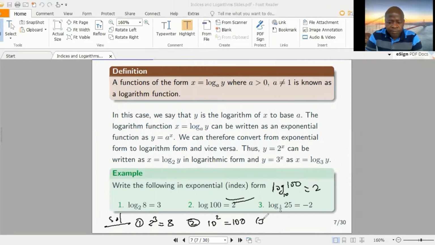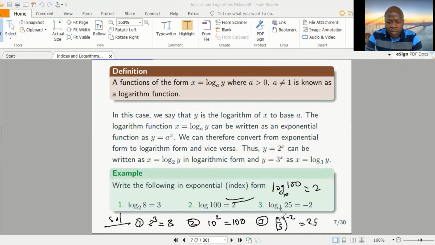Number 3, here the base is 1 over 5, and we have 25 go to where negative 2 was. That means 1 over 5 raised to negative 2 is 25.